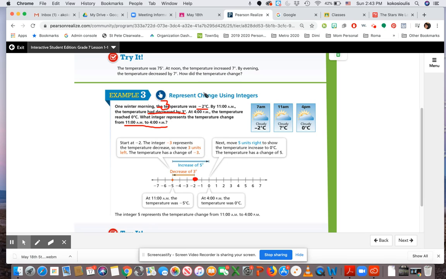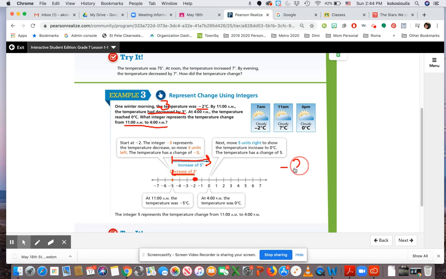You started, remember, you woke up and it was -2. And then the temperature decreased by 3 degrees. So it went to -5, right? At 4 p.m., the temperature went to 0. So we were at -5, and look at that, the temperature increased by 5. So it's at 0. So you can see how these numbers would be added.